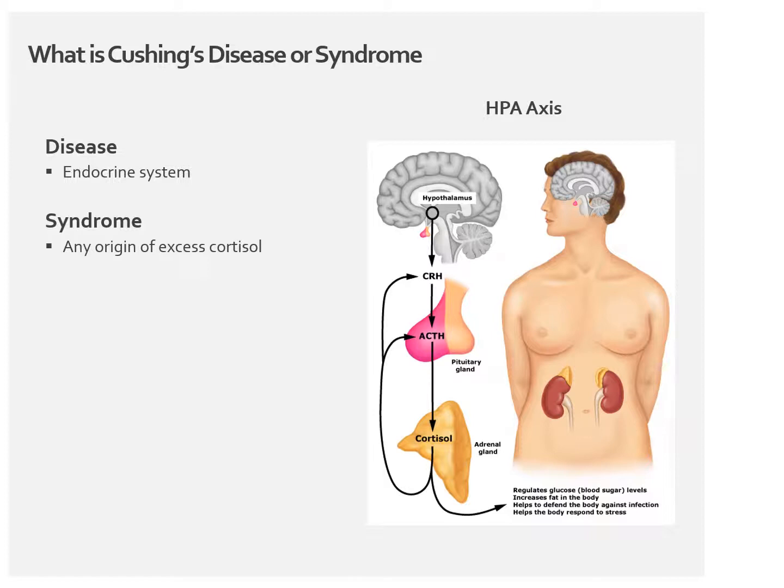Well, that hormone doesn't directly make it. What it then does is stimulate the anterior pituitary, which is this area here. So CRH is secreted from the hypothalamus. It then travels down this line and goes to the anterior pituitary gland, which is the front of the pituitary facing towards the eyes.